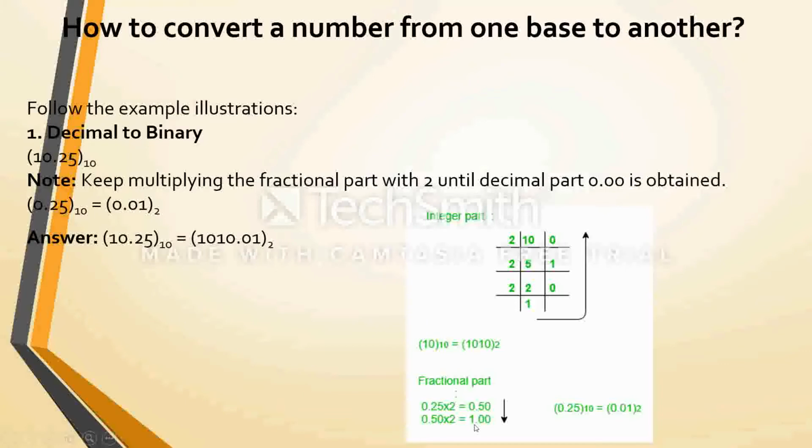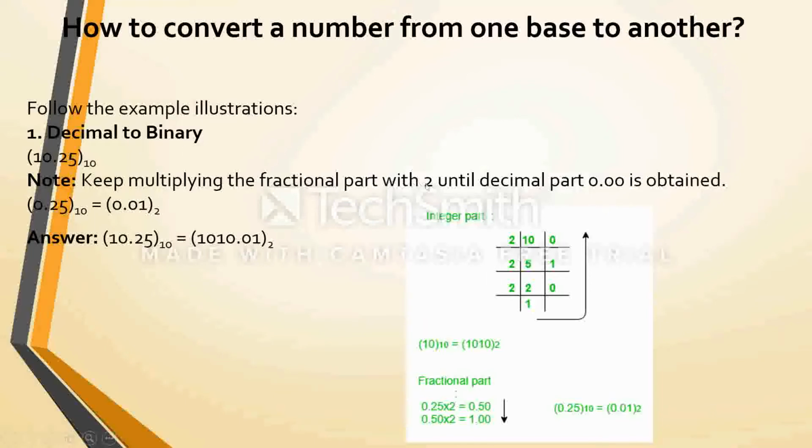Now I have got 1.00. So the fractional part is 0 now. So this means 0.25 represents 0.01 in base 2. How do you consider this? From top to bottom. So the fractional part represents 0.01.